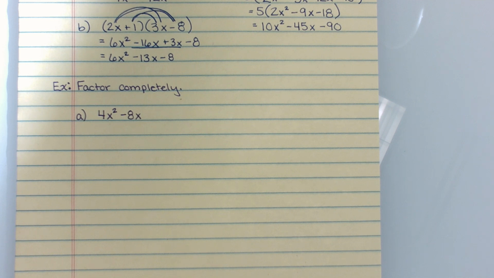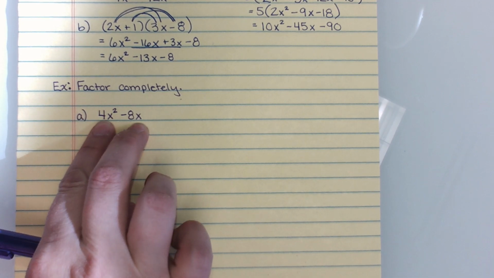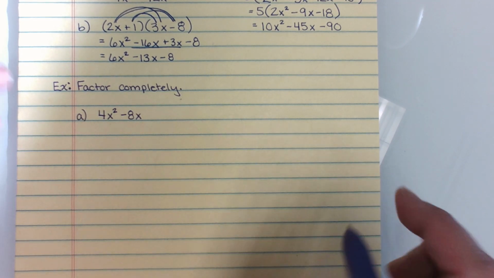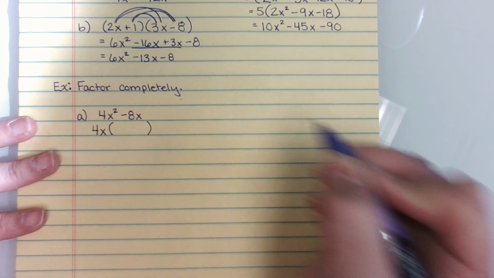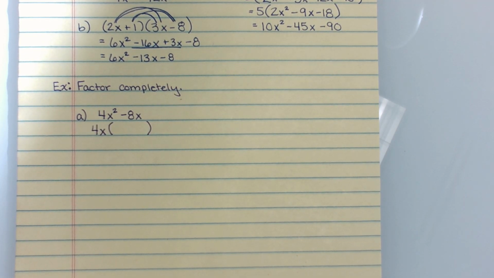What is the biggest thing that divides out of 4x squared and 8x? 4x. They both divide by 4, and you can pull off x to its smallest power. Now that goes in front of the parentheses.